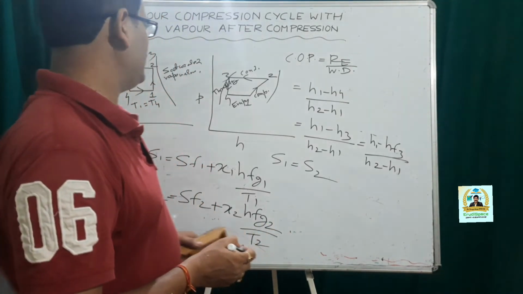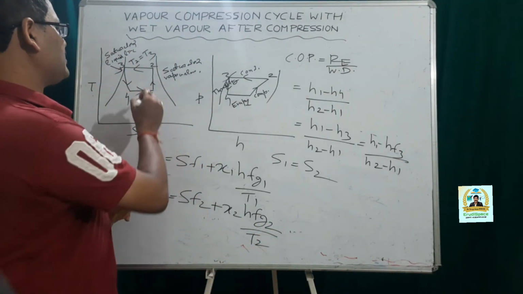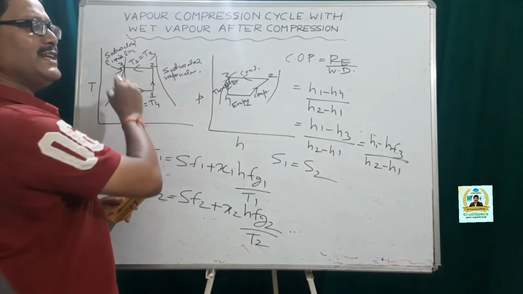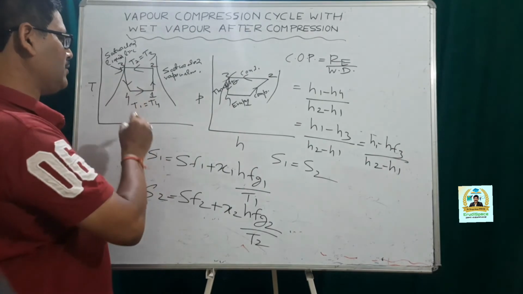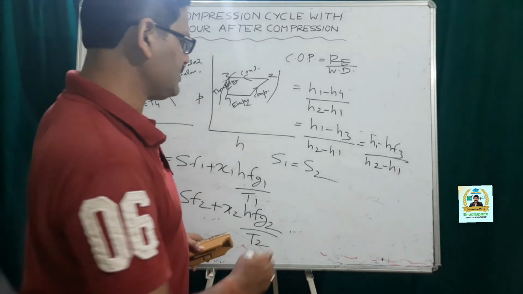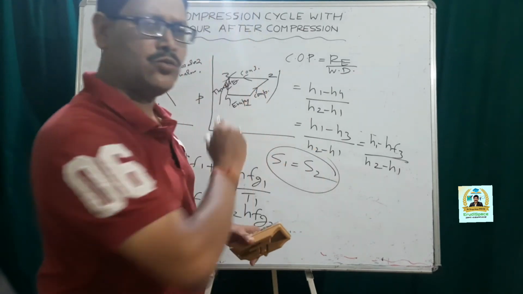So even if you know the dryness fraction of 1, you can find out 2, and if you know the dryness fraction of 2, you can find out 1, because you can compare both the equations as S1 is equal to S2.